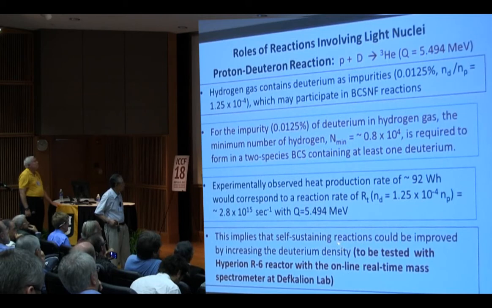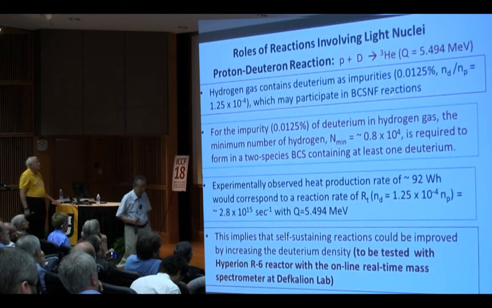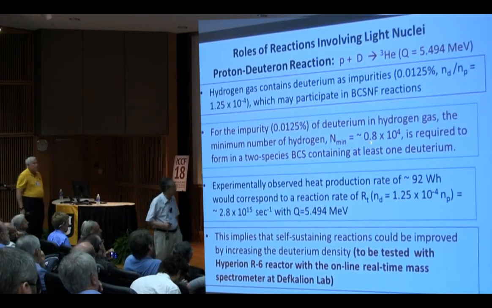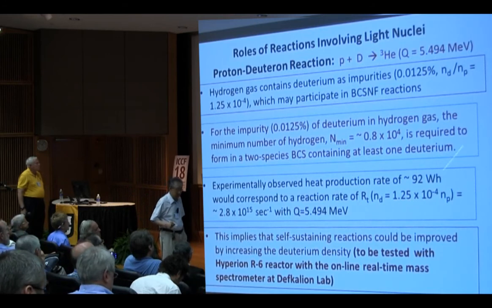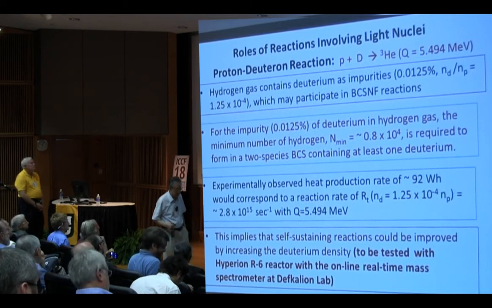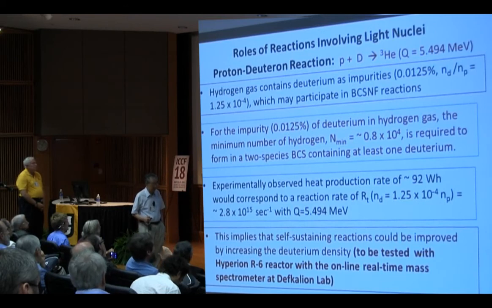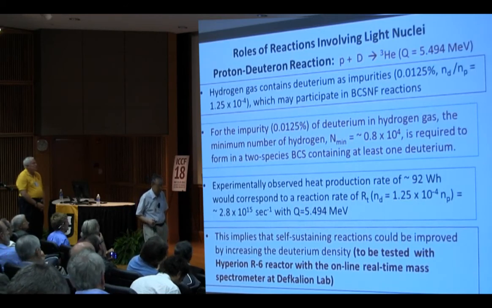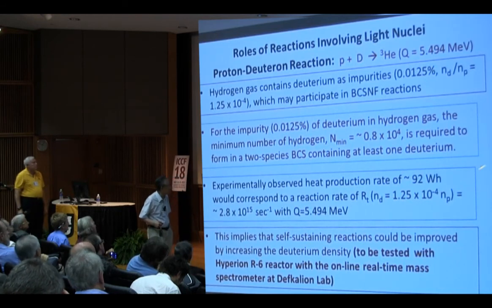Now, if this is indeed the process, then there is hope for making this self-sustaining. Remember, this process is happening now with a very small admixture of deuterium. You can imagine adding more deuterium to it and bringing up the reaction rate sufficiently large so that it will self-sustain.